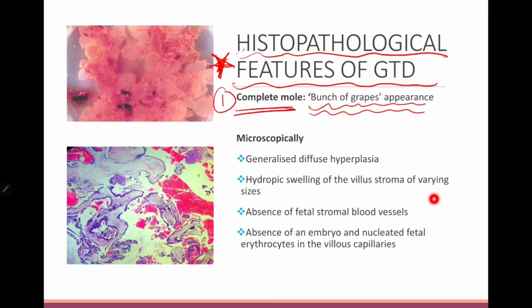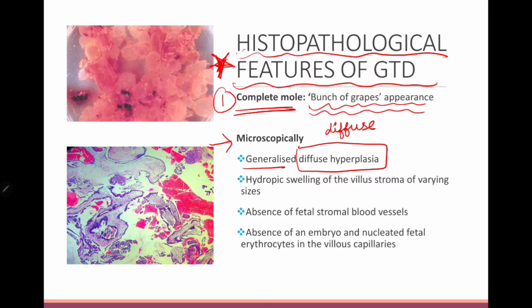That is why it is known as a complete hydatiform mole. Microscopically, there is going to be generalized diffuse hyperplasia. As I already told you, in complete mole you will get everything diffuse.